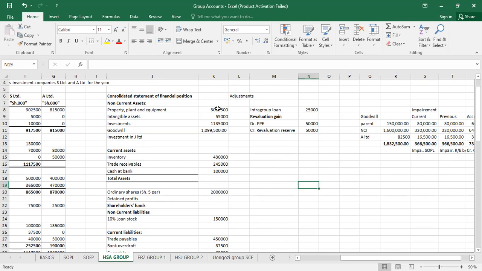So revaluation gain, it means we have already added it to our PPE, but now our assets were understated, isn't it? Our PPE was understated, and we performed depreciation on the understated PPE, isn't it? So it results in depreciation undercharge.